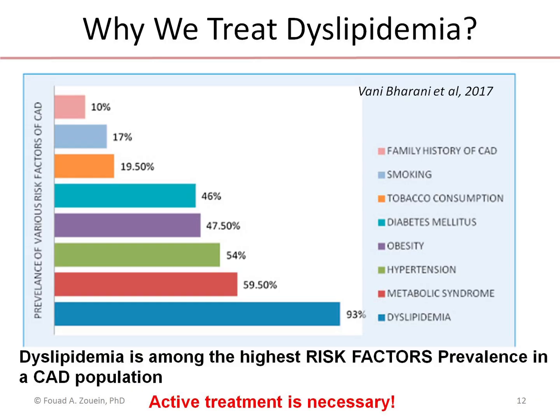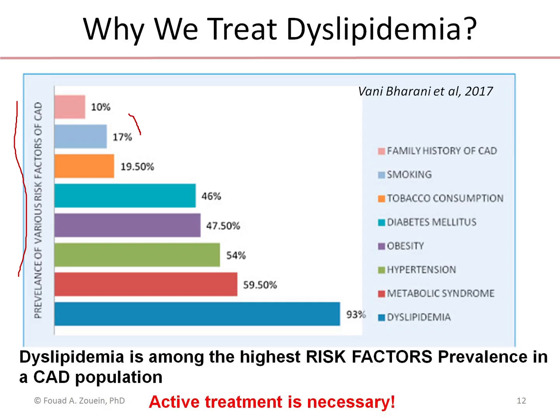Another reason why active treatment is necessary in a dyslipidemic patient. If you look at this graph here, the prevalence of various risk factors of CAD. So patients that have, let's say, a family history of coronary artery disease are at 10% risk of developing coronary artery disease. With smoking, the risk increases to 17%.